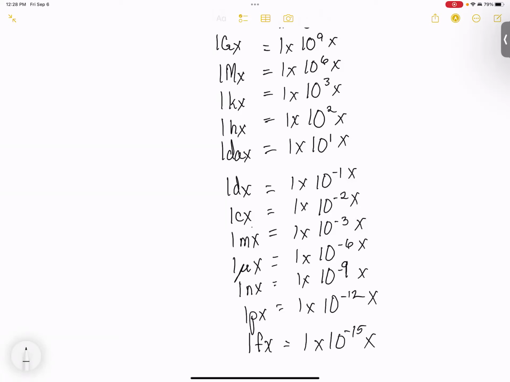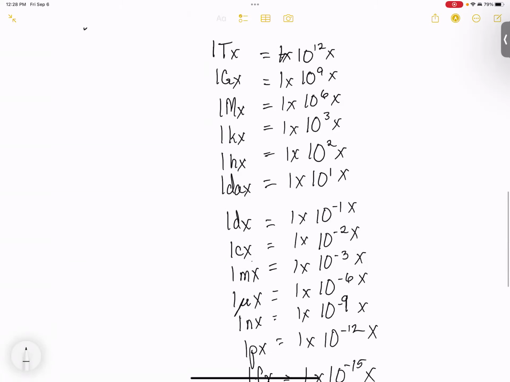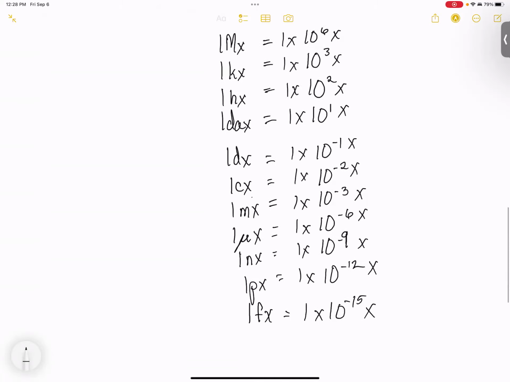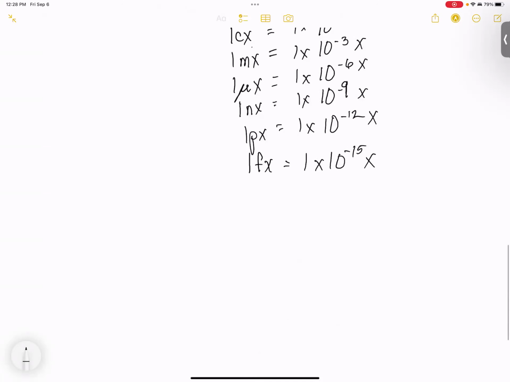Okay. So let's actually use this tool I just gave you. We're going to use the metric prefix conversion table I just gave you. And we're going to briefly start the topic that we are going to deal with all next week.